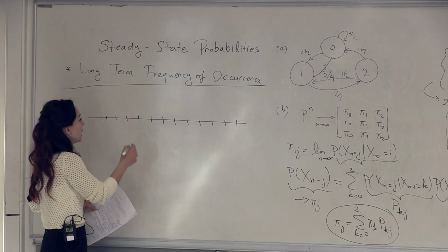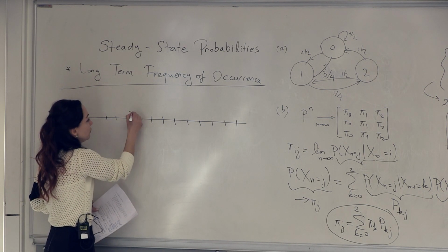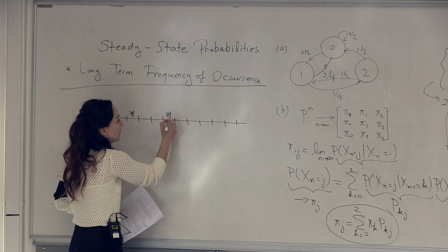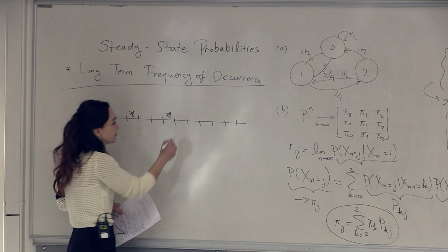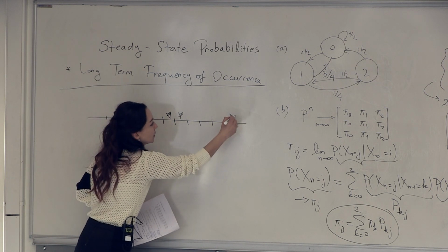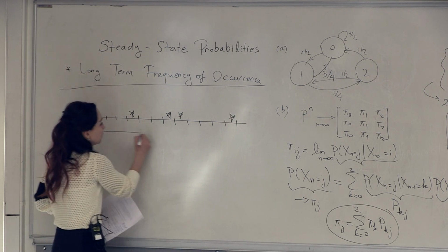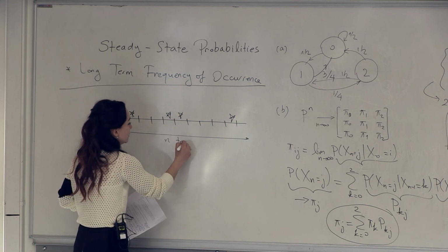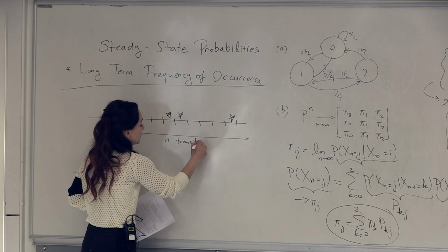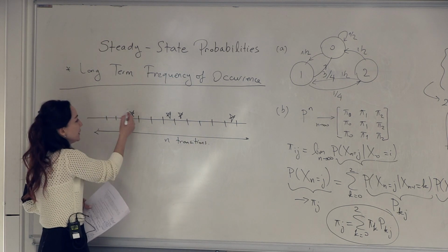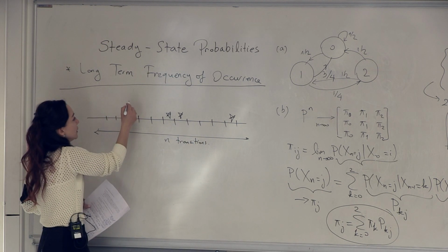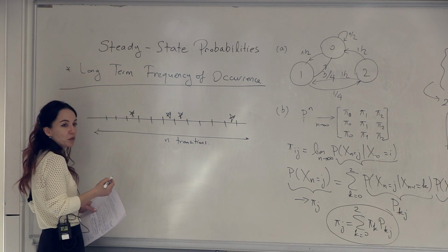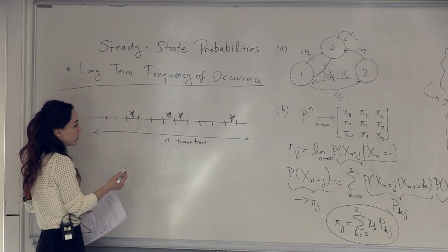How about I give myself a reward, 1 unit reward, whenever state 1 is observed? And think of n transitions, and I get a reward of 1 whenever state 1 is observed.